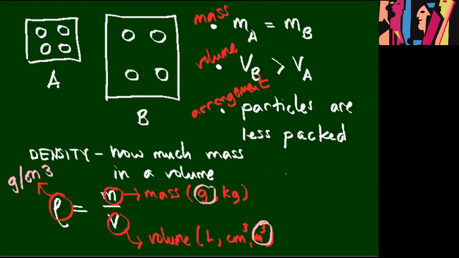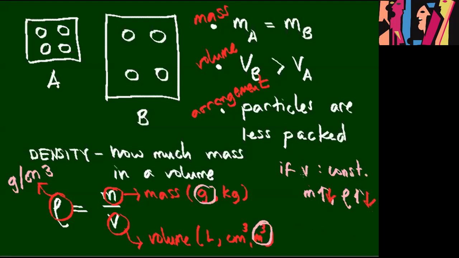Now looking at that formula, if V is constant, then if I increase M, the density increases. If V doesn't change and I increase M, then my density increases. The same way, if V is constant but my M decreases, then my density decreases.